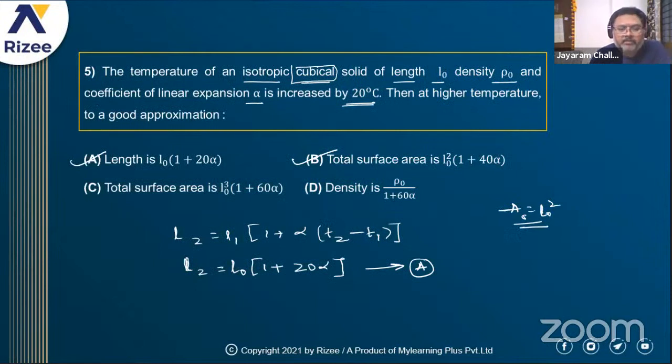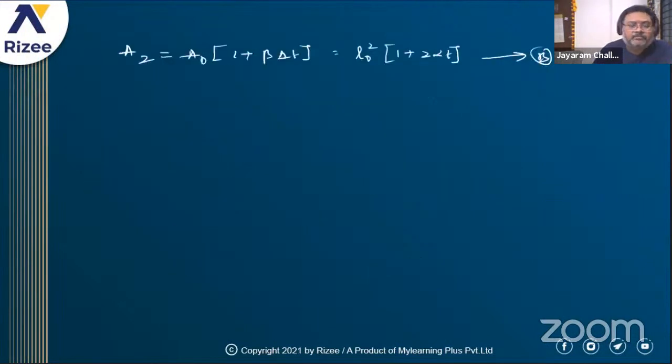Coming to the density of the liquid: density at a given temperature is equal to density at 0 degrees divided by 1 plus real expansion, or gamma into delta T, for the solids.